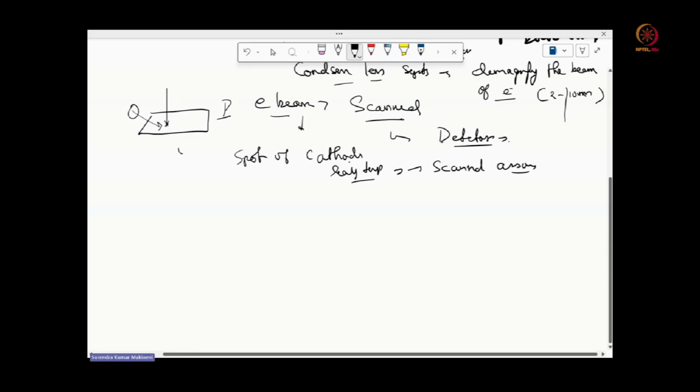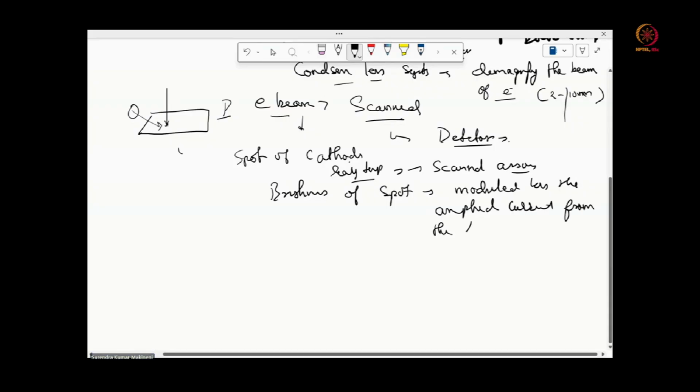The brightness of the spot can be modulated by the amplified current from the detector. As the electron beam scans on the surface, there is also a scanning of a spot on the CRT monitor. This process is called rastering.